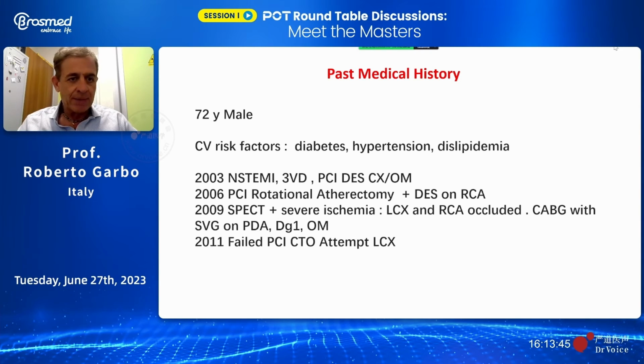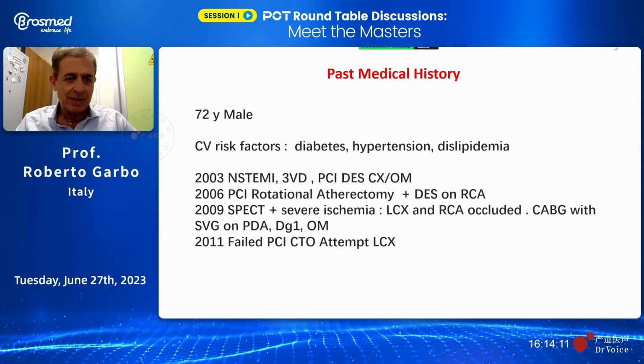So with the non-STEMI 3-vessel disease, he was treated with PCI on the circ in 2003. Then in 2006, he was treated with rotational atherectomy for severe calcified stenosis on the right, so rotational atherectomy and drug-eluting stent on the right.